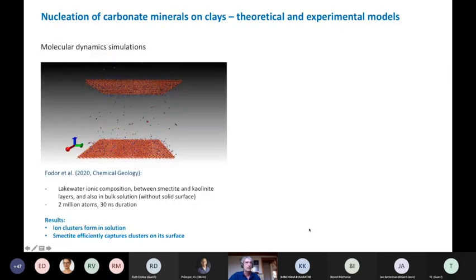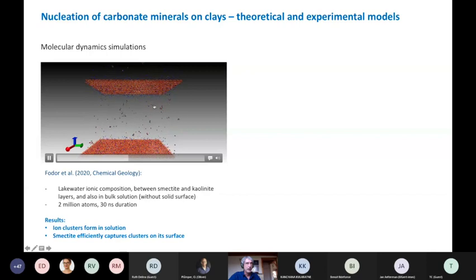We did molecular dynamics calculations, where we took layers of smectite and put the lake water between the 2 layers and checked what is happening. Well, actually, you see there are some clusters of ions forming, so-called pre-nucleation clusters maybe, and some of them get caught on the smectite surface.